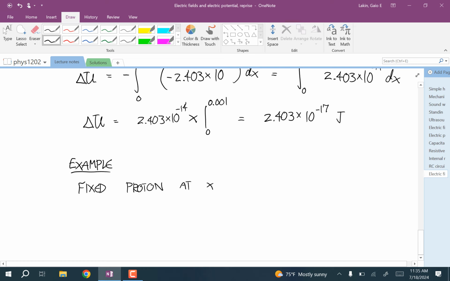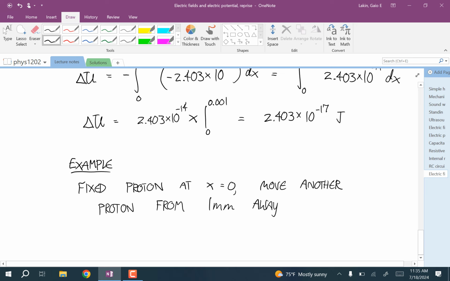And we're going to move another proton from 1 millimeter away in the positive x direction to 0.5 millimeter away.